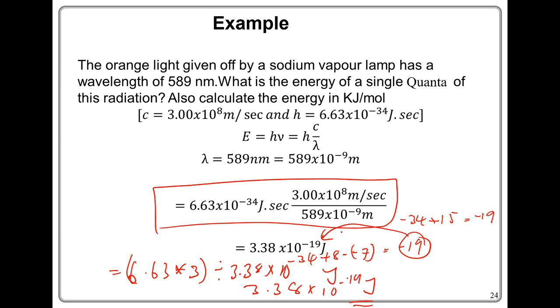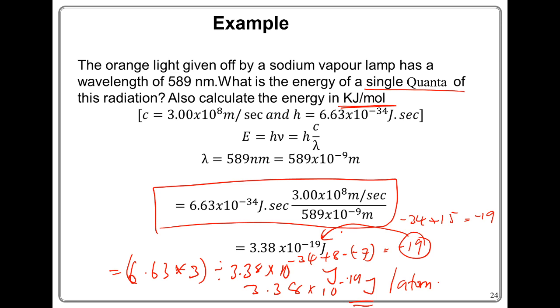And this is the joule per atom. That's a single quanta, meaning it's energy that is released by one atom. So we've calculated for a single quanta. Now we have to calculate the energy per mole.